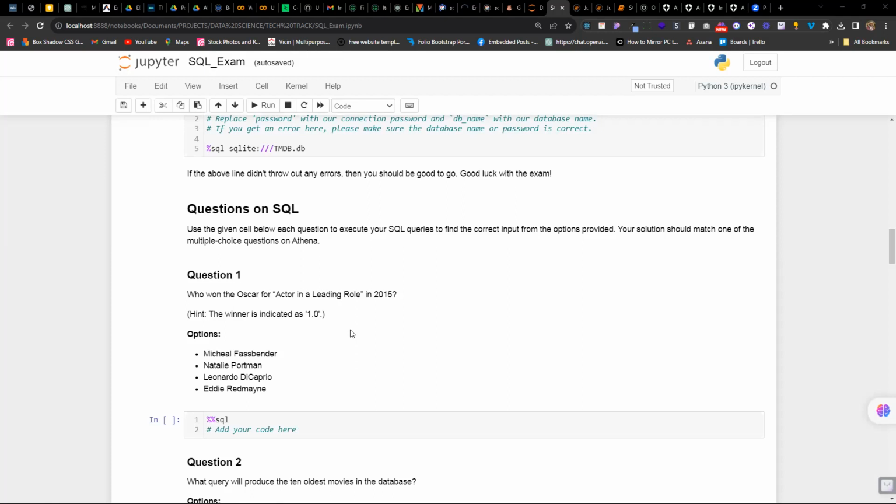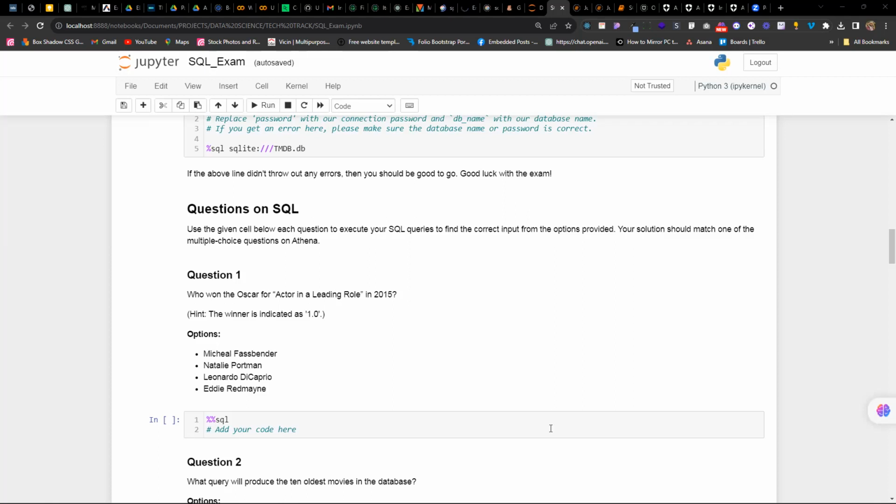So, questions on SQL. Use the given cell below each question to execute your SQL queries. To find the correct answer from the options provided, your solution should match one of the multiple choice options on Athena. That is where we are going to be picking our answers.